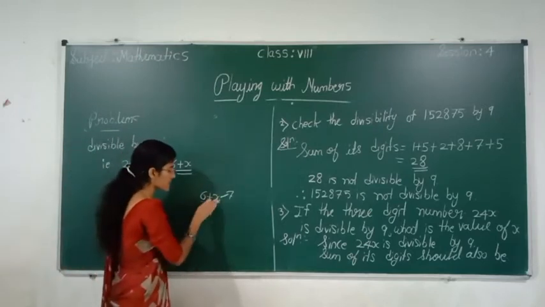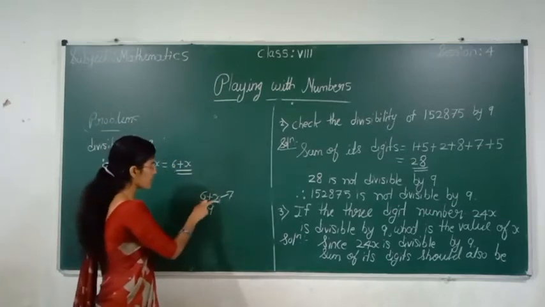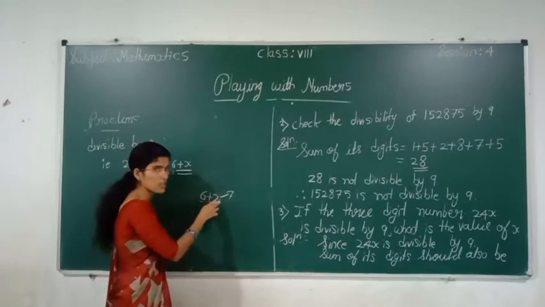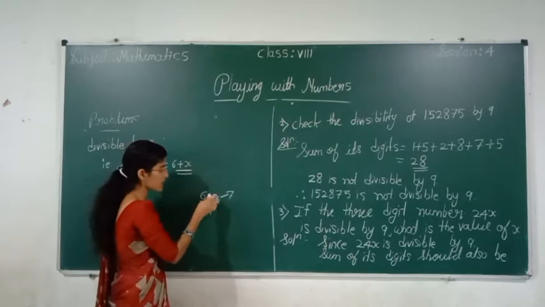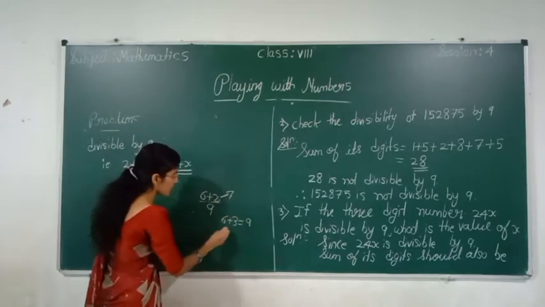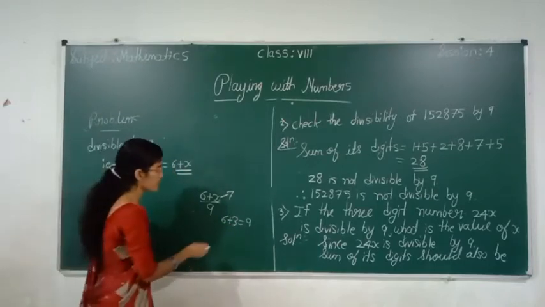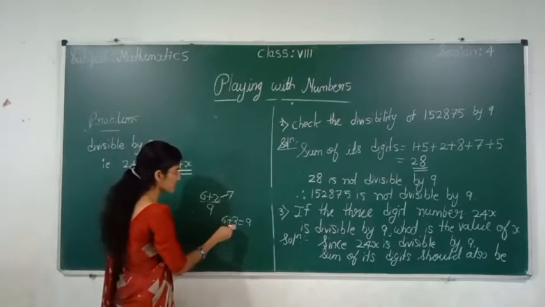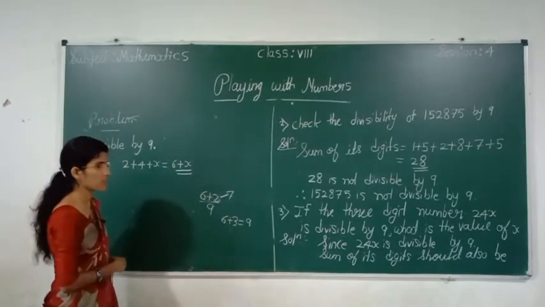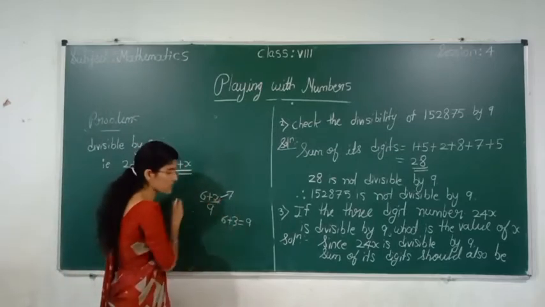The value of x is here. If I put x equal to 0, 6 plus 0 is 6. If I put 1, 6 plus 1 is 7. 6 plus 2 is 8. 6 plus 3 is 9. Right? If I put 4, 5, 6, 7, 8, I get 10, 11, 12, 13, 14, which are not single digits divisible by 9.